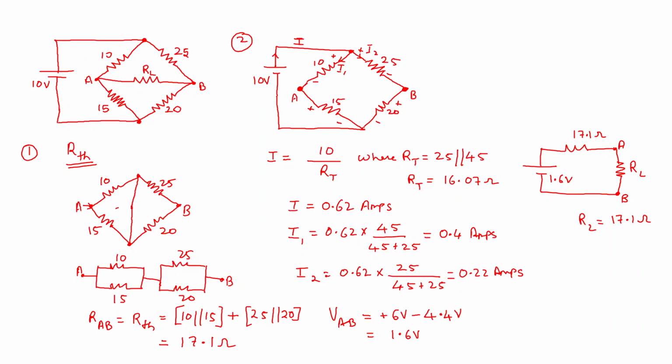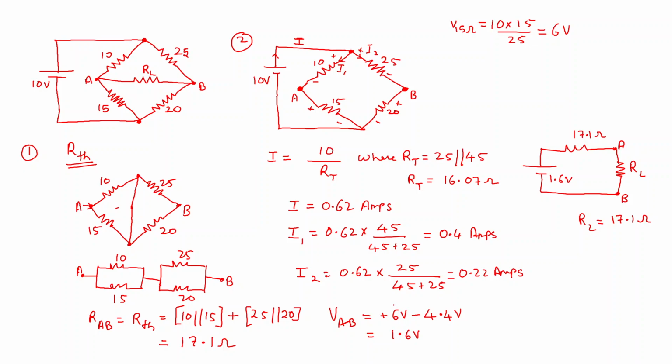Voltage across 15 ohms is equal to the total voltage 10 into 15 divided by 15 plus 10. 15 plus 10 is 25, which you will get as 6 volts.